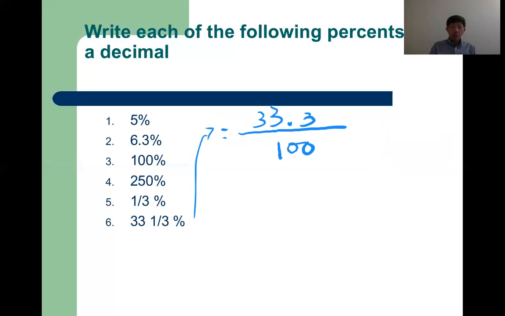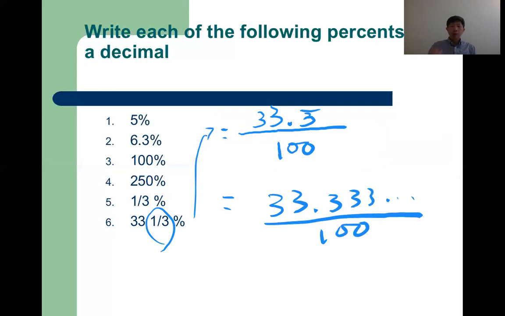This 1/3 actually is a 3 repeating, right? So we have 33.333 repeating divided by 100, all right? And then again, we're going to count the decimal point, divided by 100, divided by 10, right here.